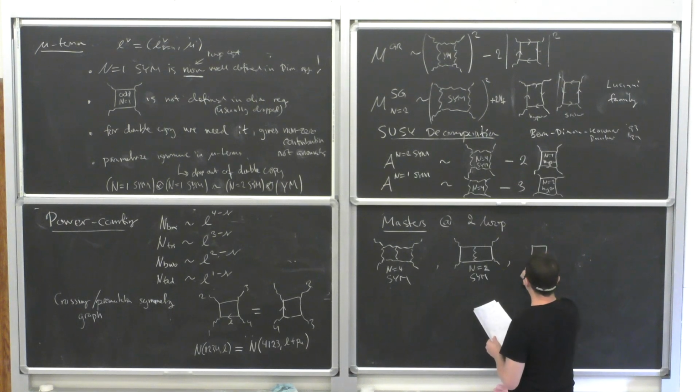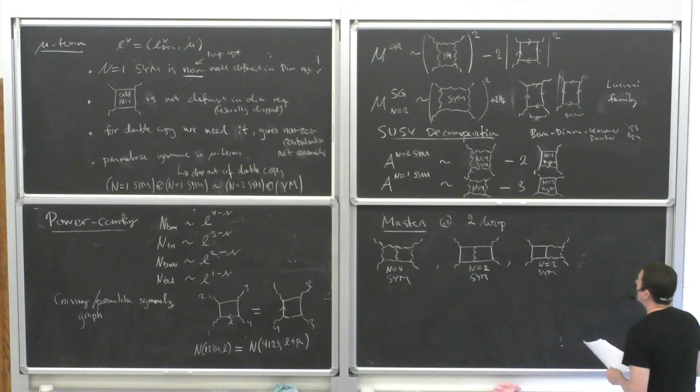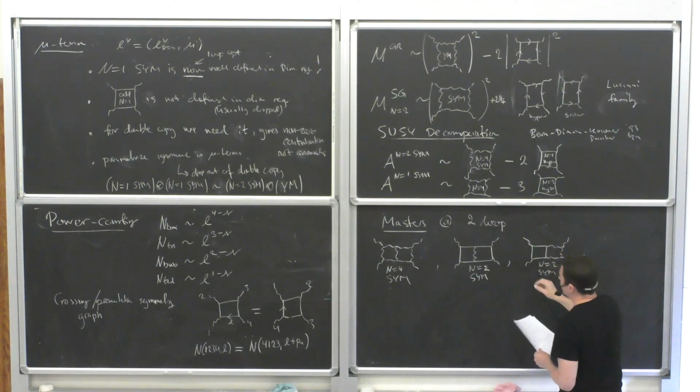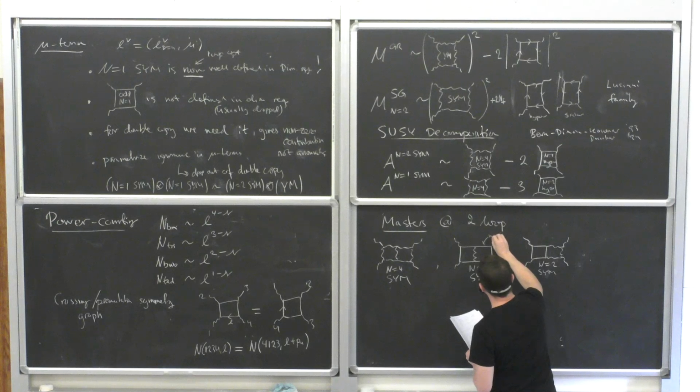I also need to allow a hyper in the left loop. So this is still N=2. So this is hyper. Also this.